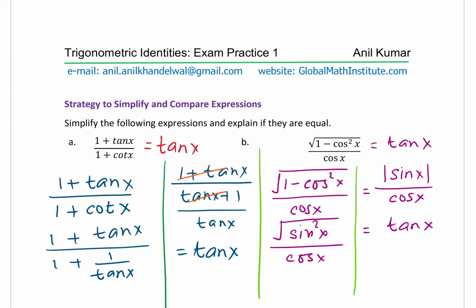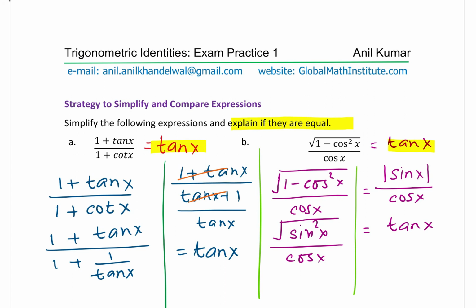Now the question is, simplify the following expressions and explain if they are equal. We do get tan x and tan x after simplification. Now the idea is, are they equal? If they are not, provide the reasons. Now in this particular case, the reasons are that they have different restrictions.